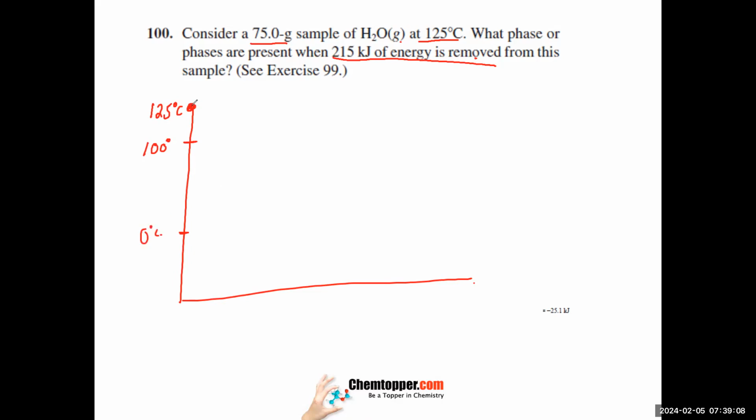So as you start removing heat, what will happen? First, it will touch the boiling point. Now this is called condensation. And then it will become flat, like this. This is minus Q. Heat removed, exothermic.